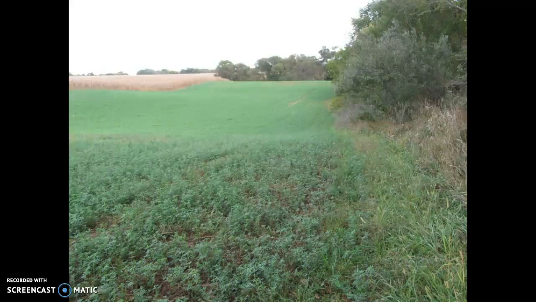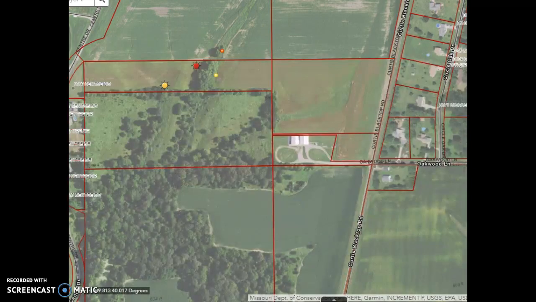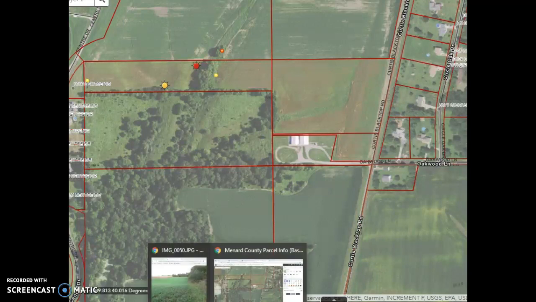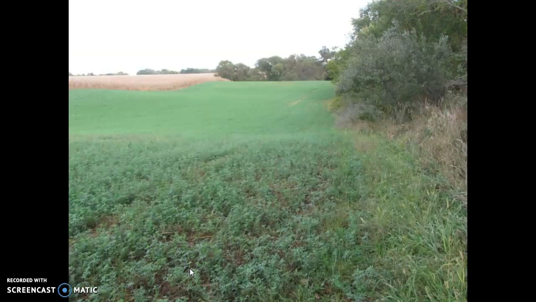Now, this picture, I am at the southwest corner of the property. Let me go back to yellow. I am right here with that picture that I just showed you. That's the southwest corner, and I'm looking east, kind of northeast. So notice how this looks like it rolls. The ground does roll. It slopes, it rolls.